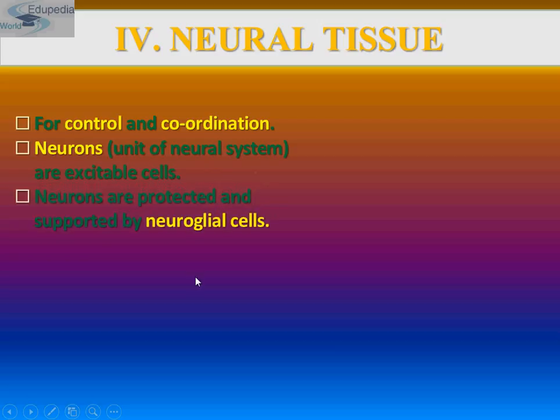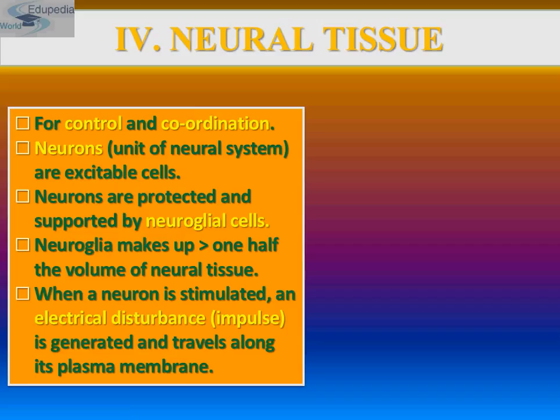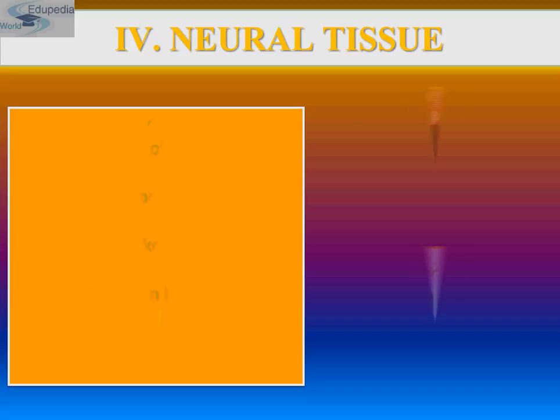They are protected and supported by neuroglial cells. Neuroglia makes up half the volume of the neural tissue. When one neuron is stimulated, an electrical disturbance, which we call impulse or action potential, is generated, and that travels along its plasma membrane.